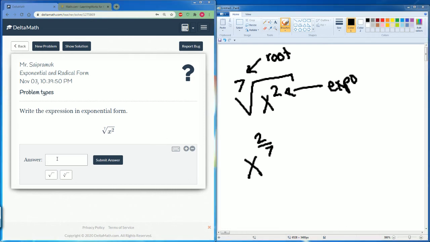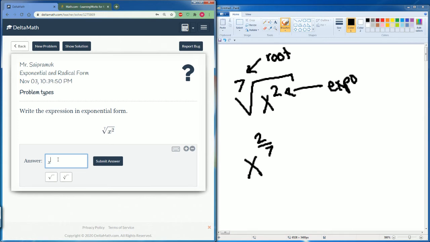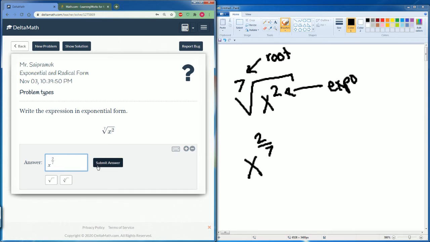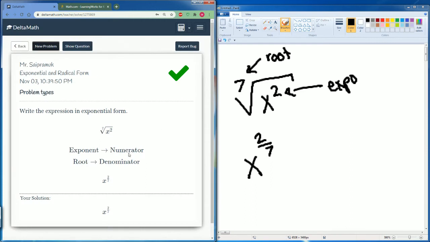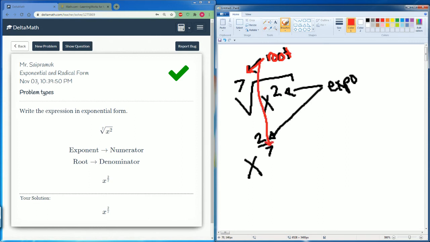So it's x to the power of 2 divided by 7. There you go. The exponent is in the numerator, which is on top. Okay, right here. And the root, I could make that in red, is in the denominator. All right.